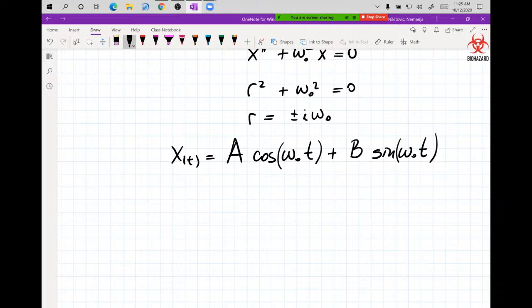You don't need parentheses because we know that t is the variable. If you put a constant in front of it, it works together with the period. So we have the general solution.